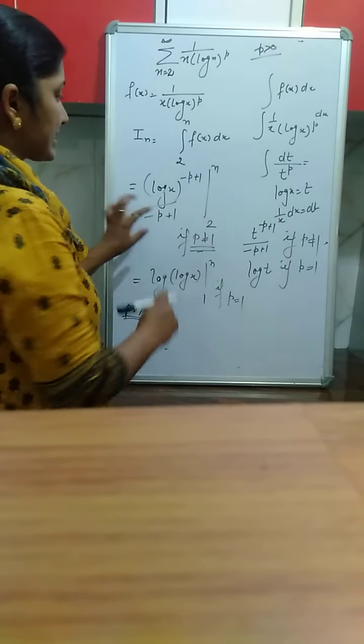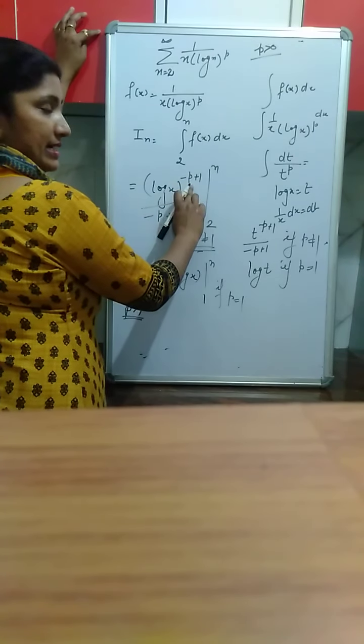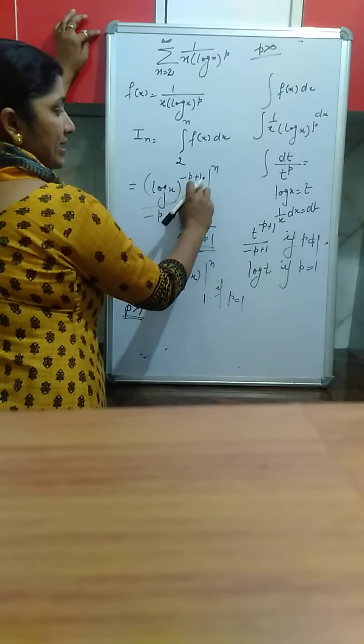When p is greater than 1, this power is negative.